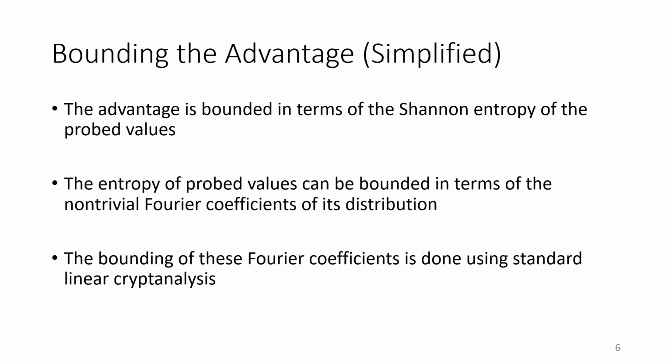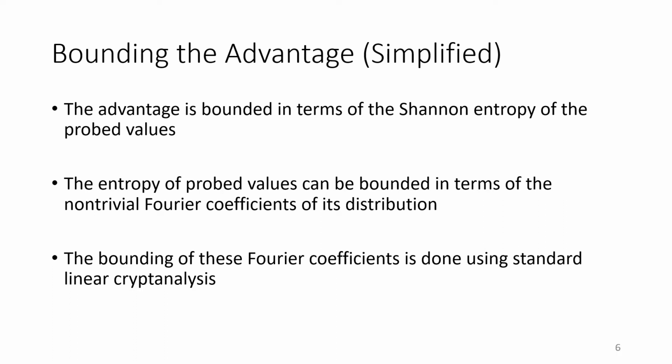We then come up to the main part of our work. So in our previous slide, we viewed that the adversary gets back a bunch of probed values. What we want to prove now is that these probed values either don't relate to any secret, or these probed values are fully entropic.